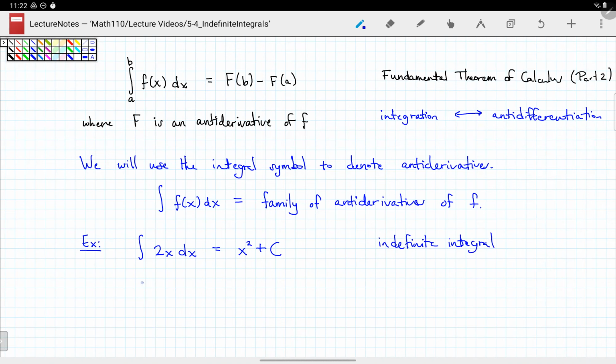And if I was to integrate from 1 to 4 of 2x dx, I would call this the definite integral.